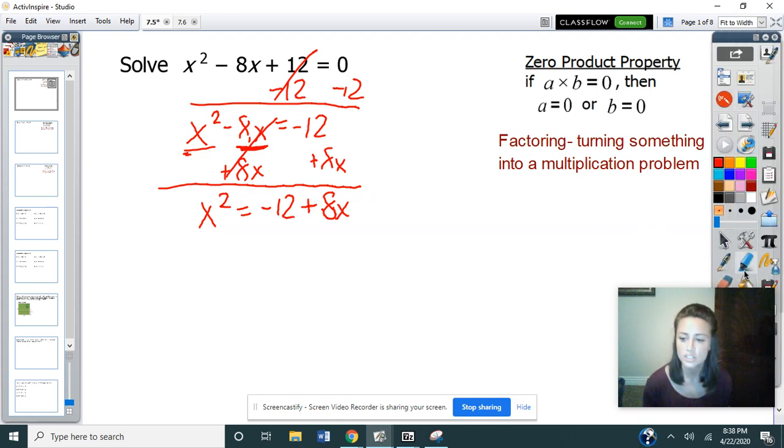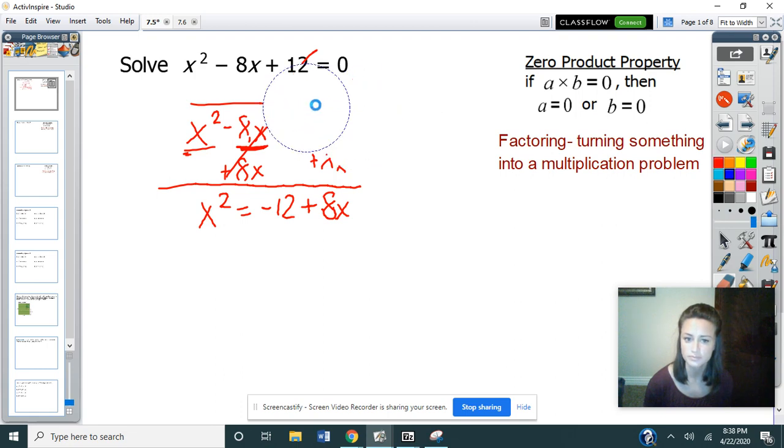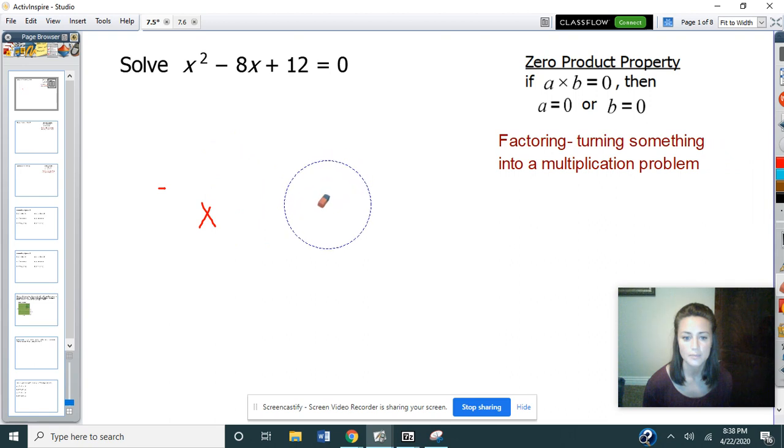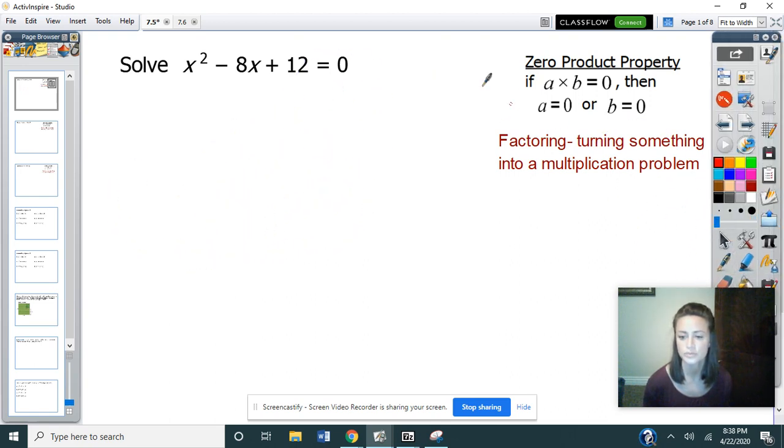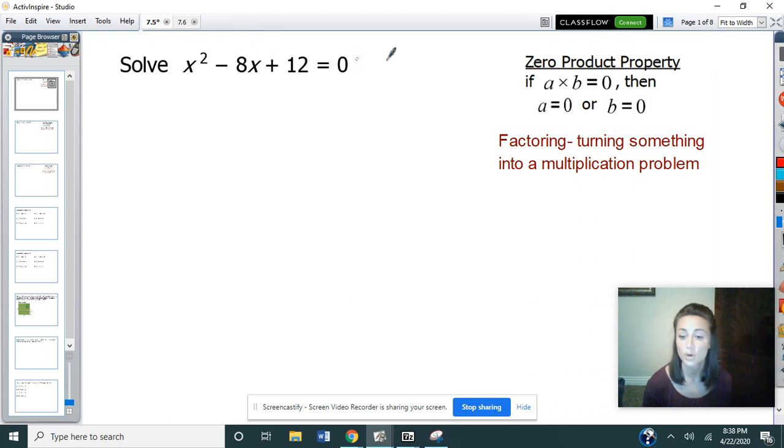So to do this, you need to use the zero product property, because we know that if two things multiply to give me 0, then we can set the factors equal to 0. But the problem with this problem is that this is x squared minus 8x plus 12.